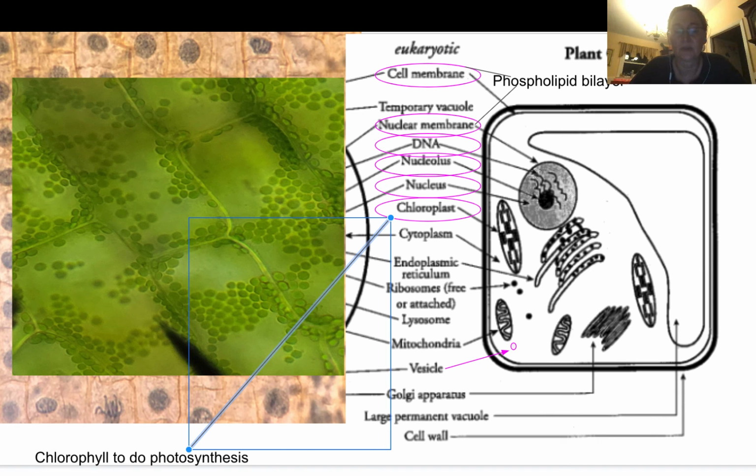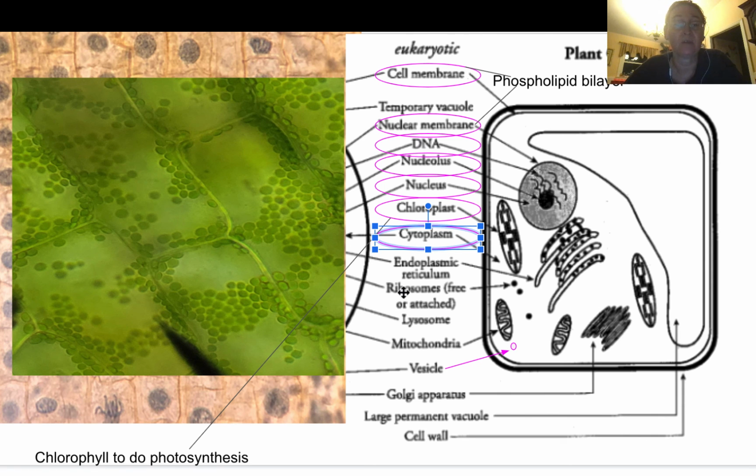All right, what else can we see? All the liquidy stuff is the cytoplasm. We saw cytoplasmic streaming in Elodea. Sometimes you could see that. We saw it in amoebas, the cytoplasm moving as the amoeba moved. Obviously, that takes energy, which is a characteristic of life. Endoplasmic reticulum, haven't talked about it, can't see it, leaving it alone.